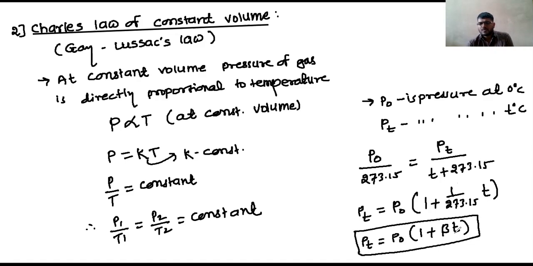So what is beta here? Again 1 by 273.15, and beta is called the pressure coefficient of gas, and it also has the same value. Pause the video, note down, and ask me if you have any doubts.